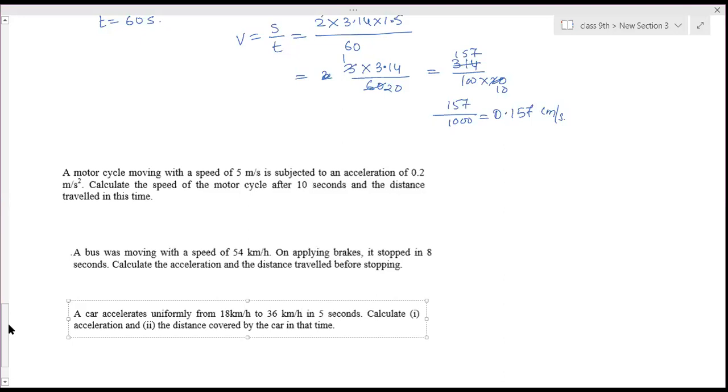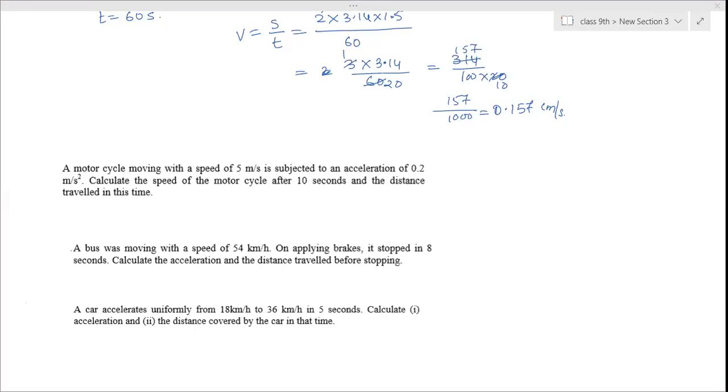Oh, sorry, 1 meter per second square. In the previous bus question, is the distance 60? Yes, right. Okay, ma'am.